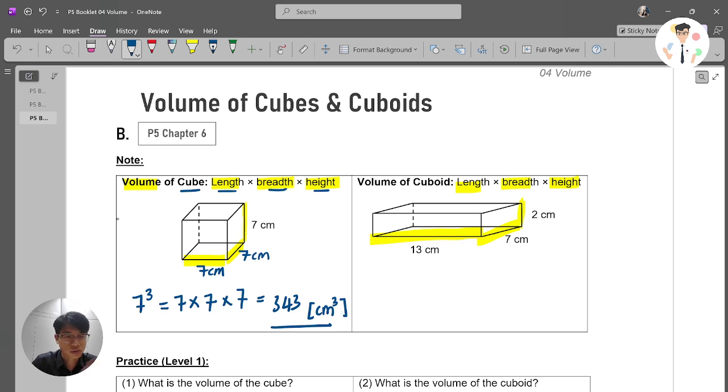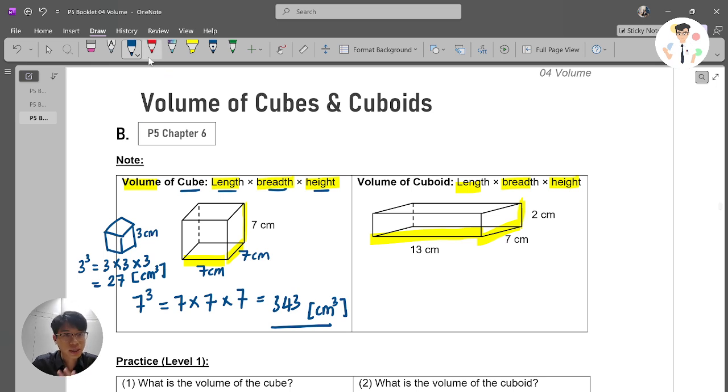Got the idea? Let me give you another example. If I have another cube, and I tell you the side here is 3 cm, then it will be 3 cube, 3 times 3 times 3, and that will be 27, in cm cube.